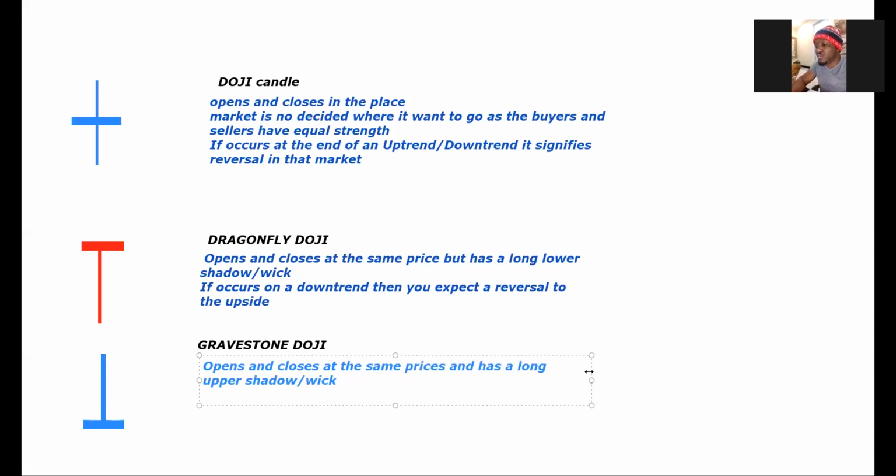It's going to mean a lot for us if we see it occurring in an uptrend.